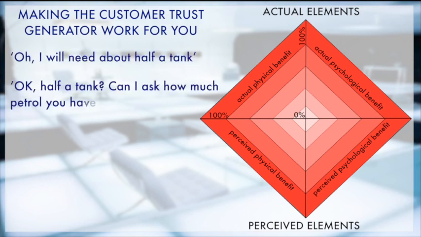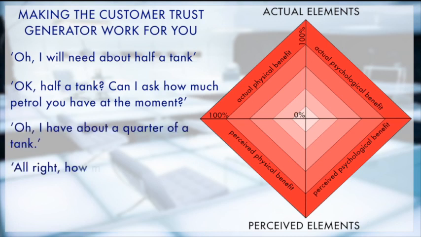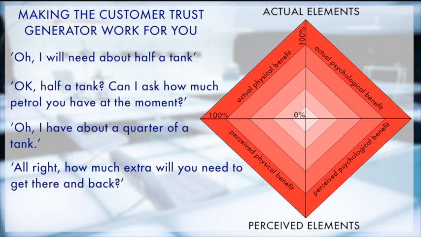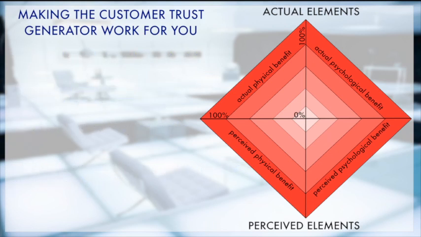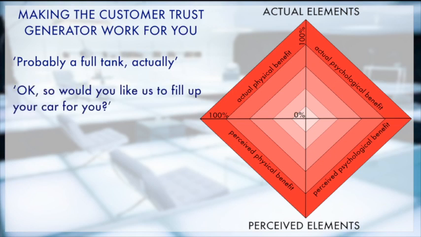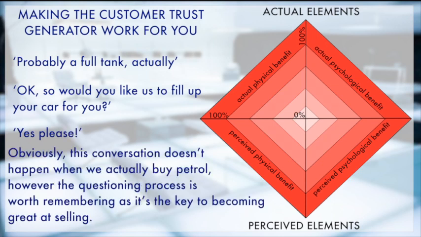Okay, half a tank. Can I ask how much petrol you have at the moment? Oh, I've got about a quarter of a tank. All right, how much extra will you need to get there and back, do you think? Probably a full tank actually. Okay, so would you like me to fill up your car for you? Yes, please.